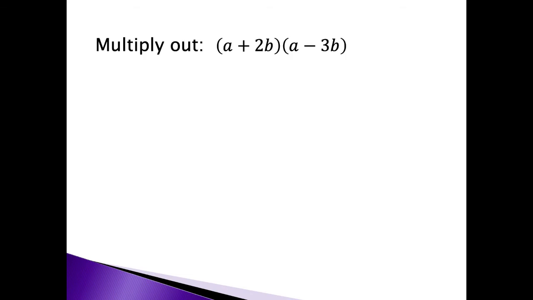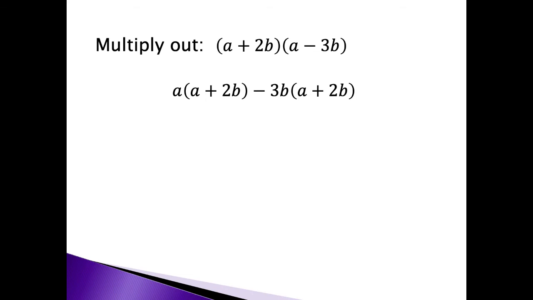So we're going to multiply out a plus 2b times a minus 3b. So that's a times parentheses a plus 2b minus 3b times parentheses a plus 2b.